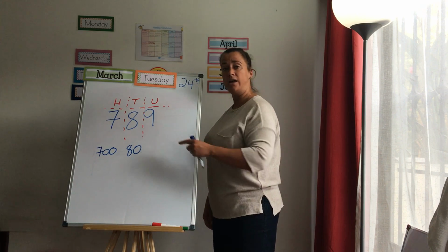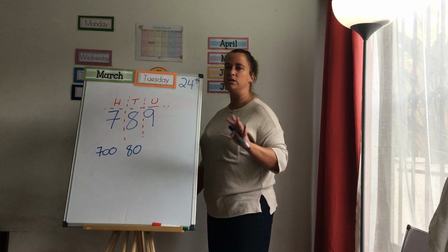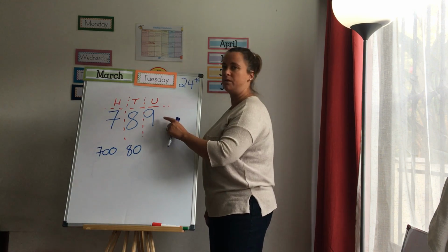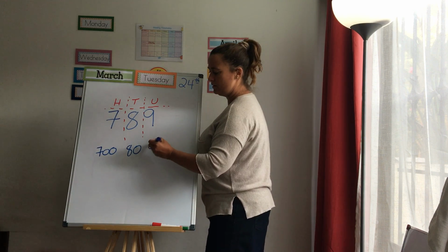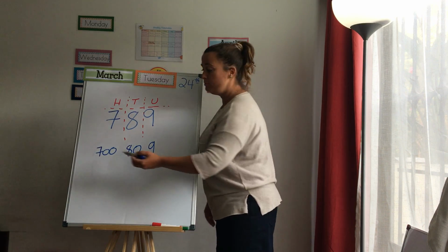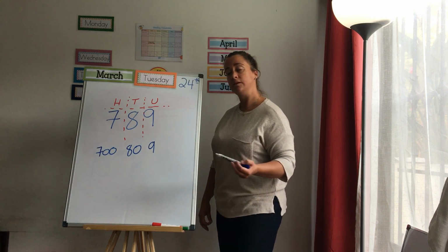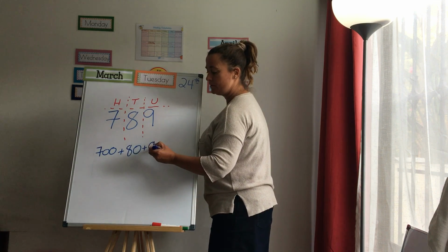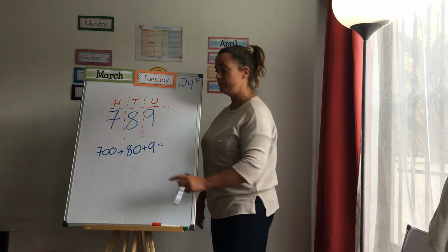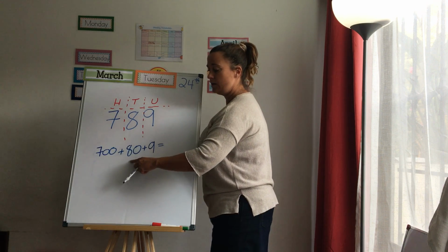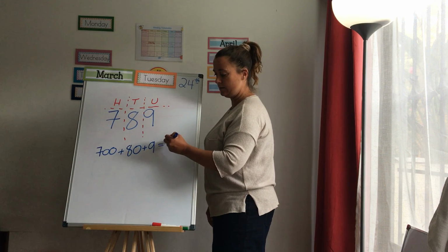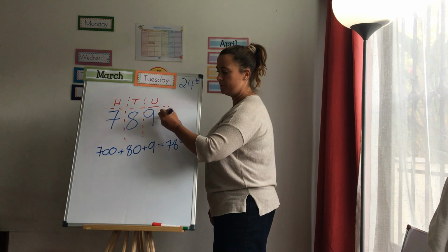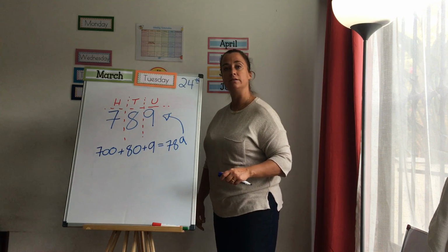Excellent. And the 9? Always the unit one is the easiest one, because it's just the same number that appears there. And for me to know the number, I have to just add all these numbers. And what is the answer? 789. It is the same number as I've got there.